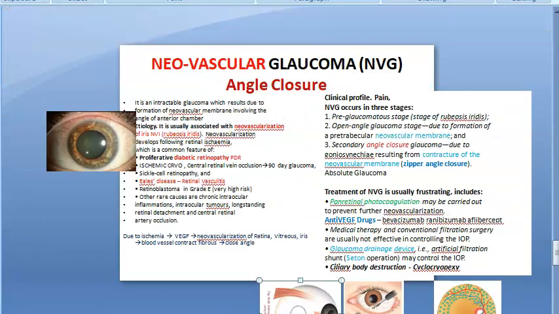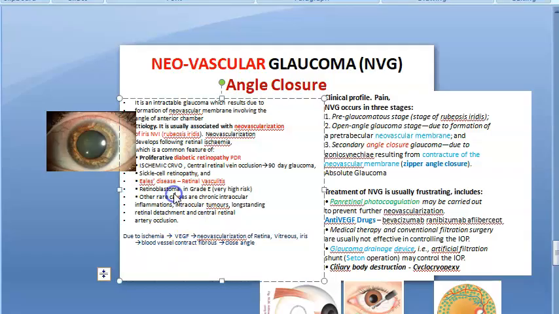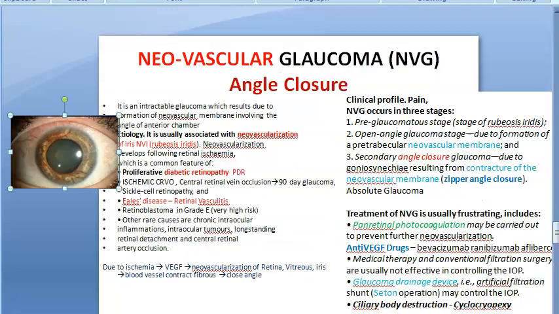Okay. So this is all about neovascular glaucoma. Guys, this happens where? In diabetic retinopathy, then CRVO, ischemic CRVO, Eales disease, right, etc. Retinoblastoma also it can happen. Here there are new blood vessels because of ischemia, and there is rubeosis iridis, because of which there will be angle closure, right? So what are the three stages?